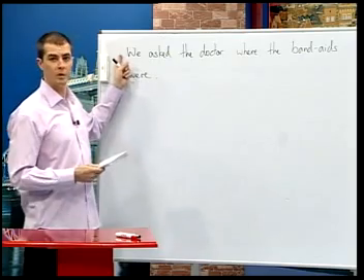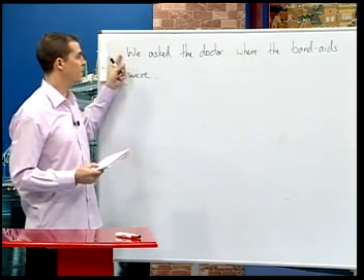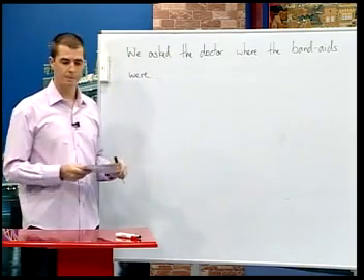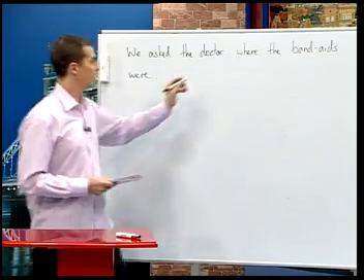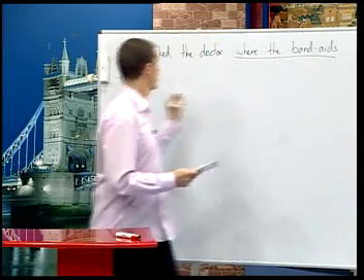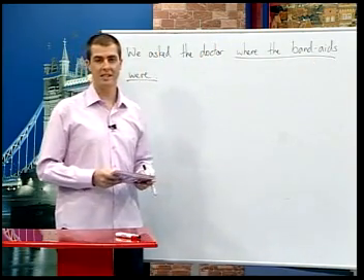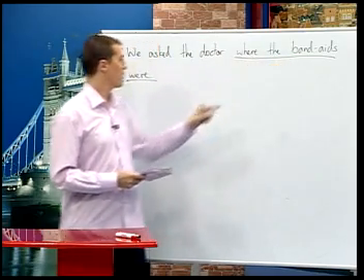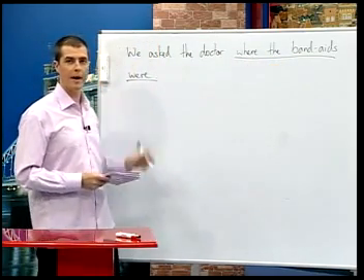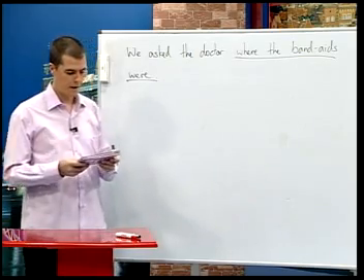Okay, this is the reported speech. The real question would be, where are the Band-Aids? Now, in this reported speech question, notice that this is not normal sentence structure. We have where, and then the object, and then the verb: where the Band-Aids were.